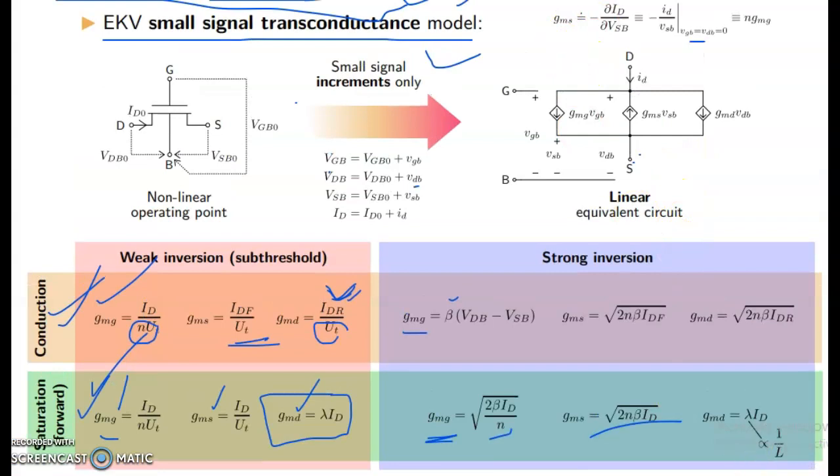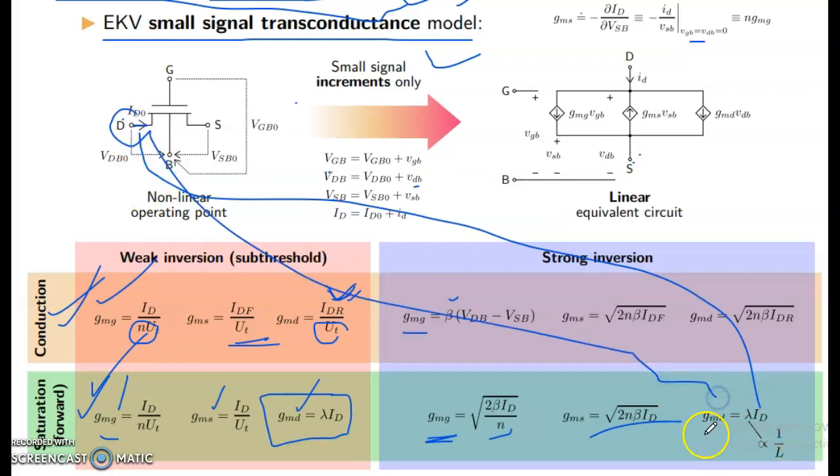GMD: ID here only will start. So lambda multiplying, lambda is proportional to 1 by n. So directly ID. All this is due to conductance. Here it is different in conduction, saturation is different.